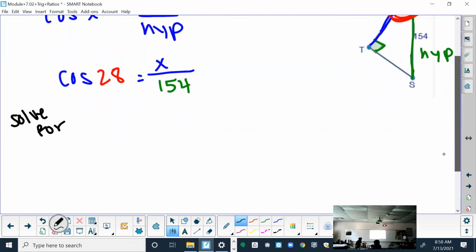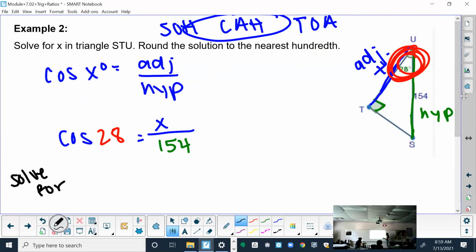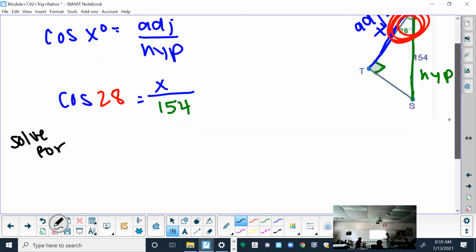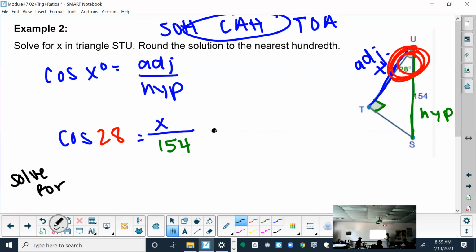Multiply by 154. That'll get rid of the denominator on the right side. And what you do on one side, you have to do to the other.